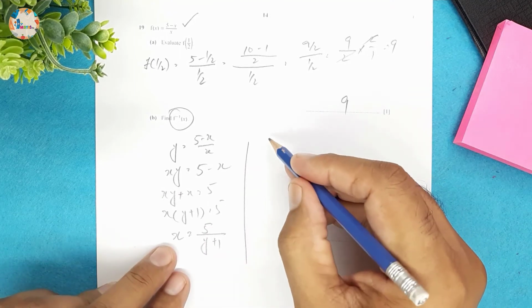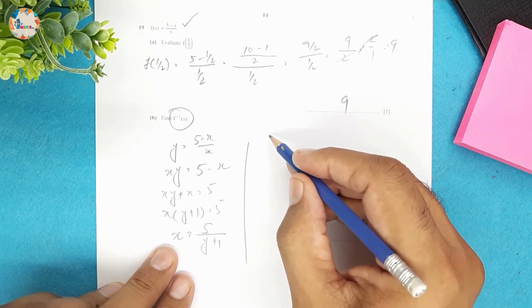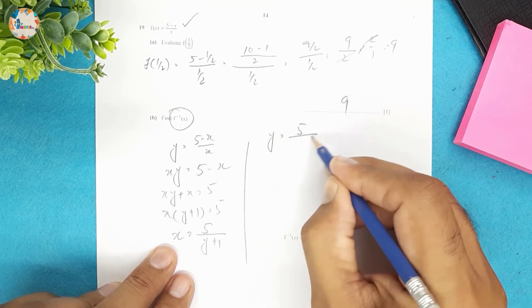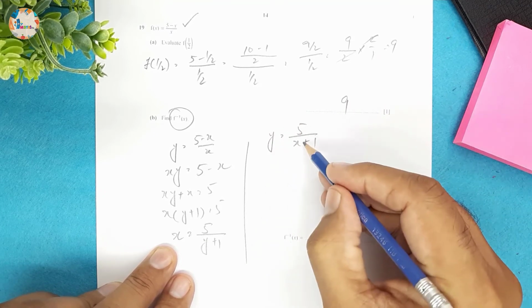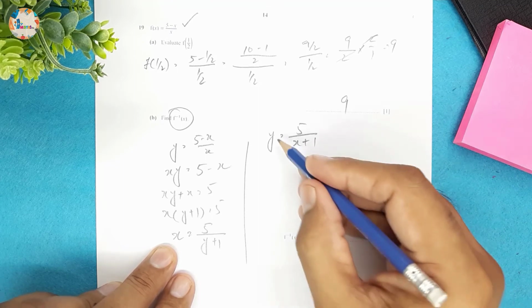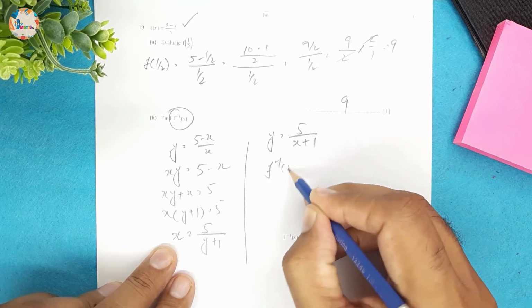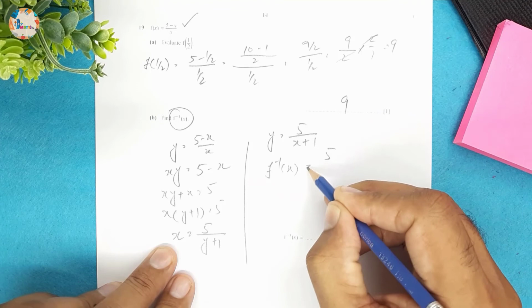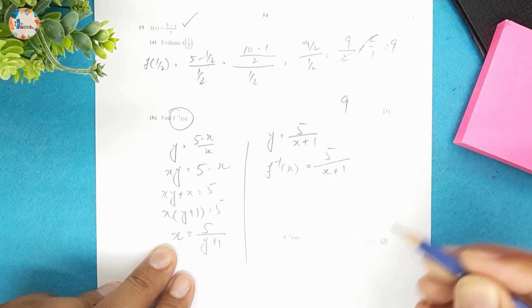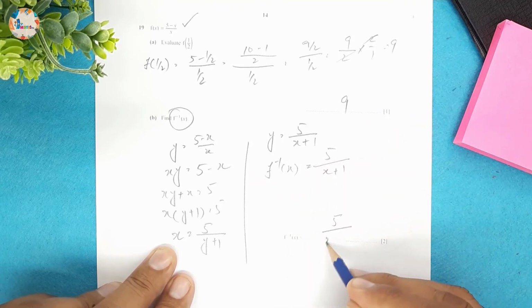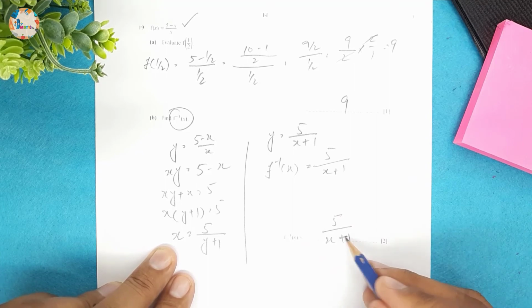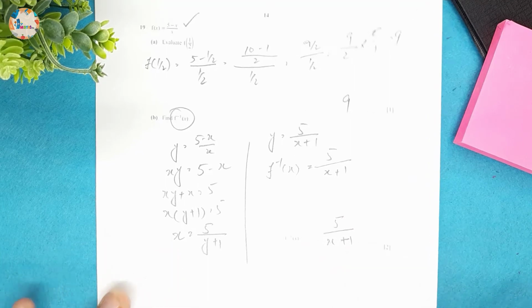Now we will be swapping x and y. So y will be equal to 5 over x plus 1. So this is basically f inverse of x is equal to 5 over x plus 1. This will be our final answer.